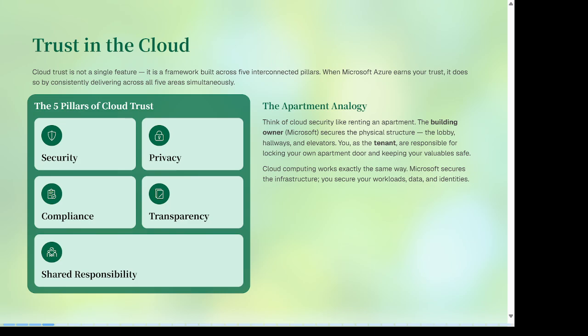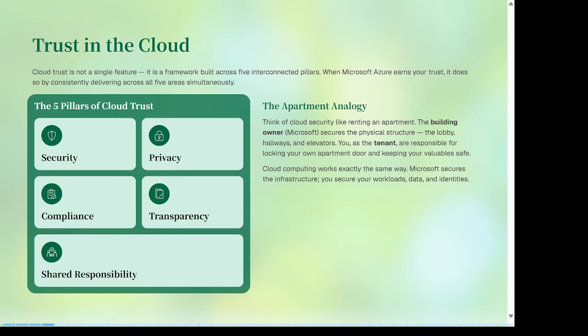In the same way, Microsoft cloud computing works. Microsoft is like the building owner. Microsoft secures the physical data centers, networking infrastructure, power systems, cooling, hardware, and virtualization platform.